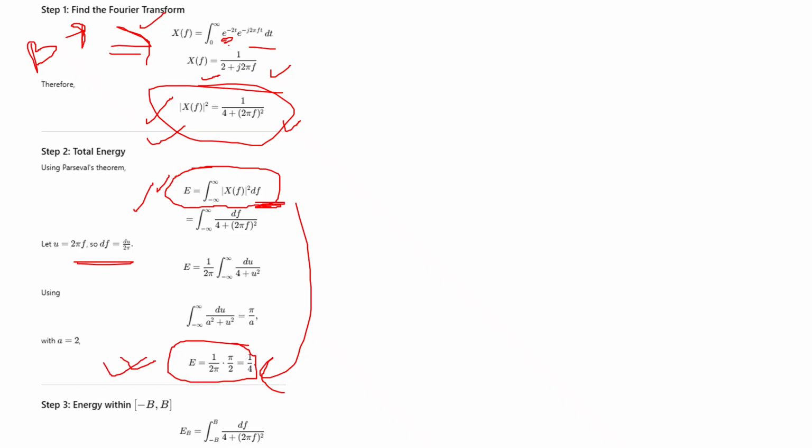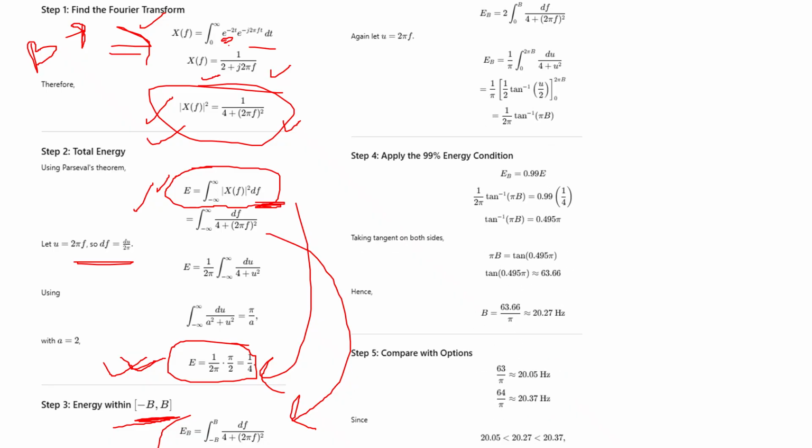But the question asks only for the range between minus B and plus B. So now integrate the energy from minus B to B, applying the same integration with limits minus B to B.